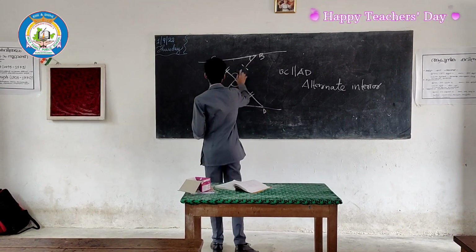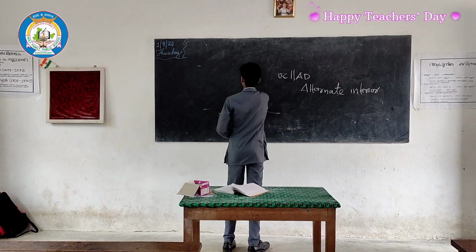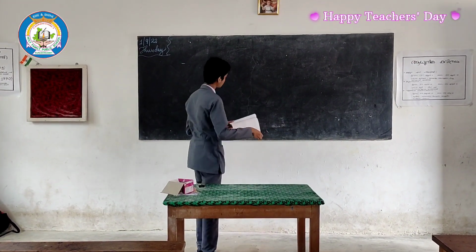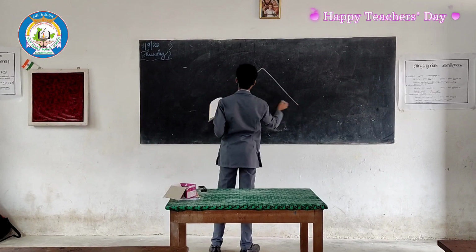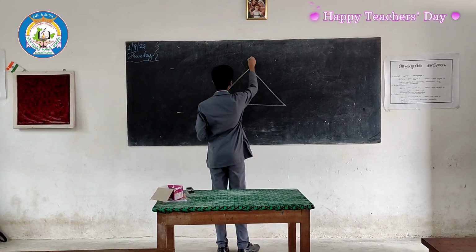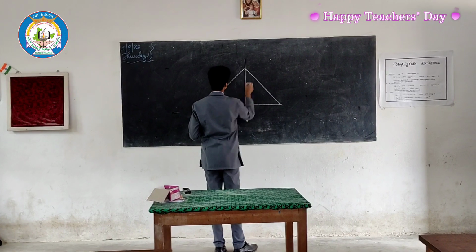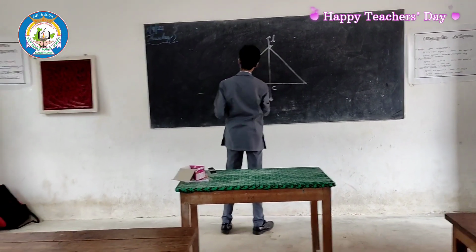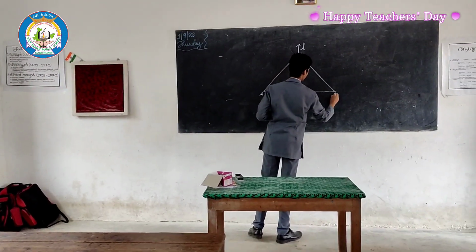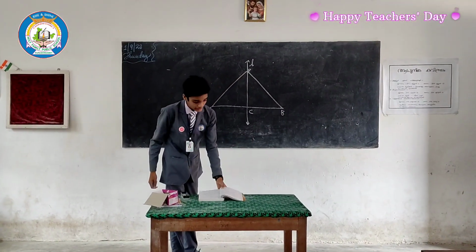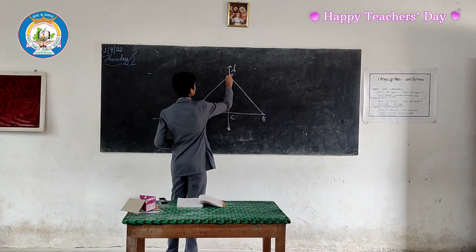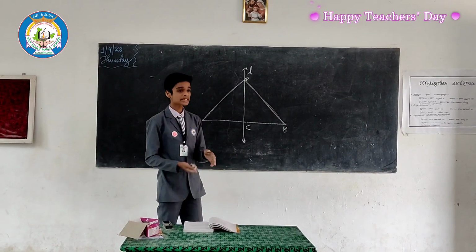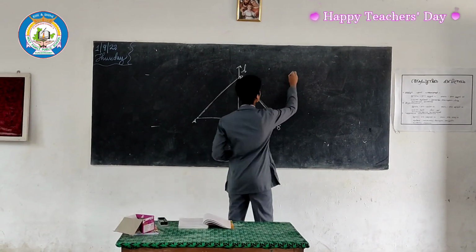Now we have another question as well, in which we have to show that P is equidistant to A and B, which means the same as PA is equal to PB.